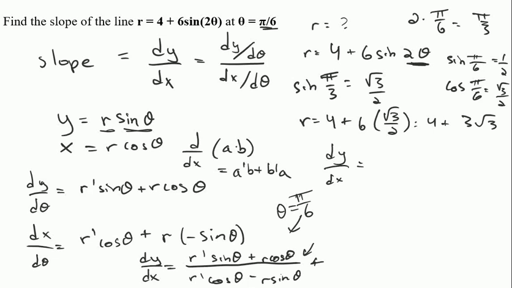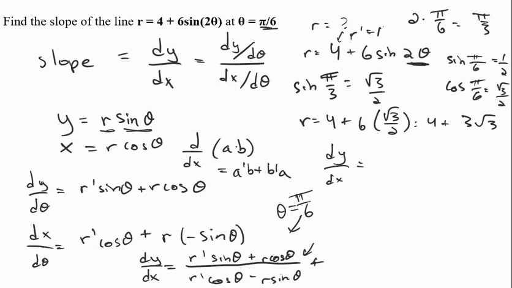Okay, now dy dx equals, and then we plug in this r prime here. Oh, we should also do that. r prime is going to be equal to, well, we kill this 4 down here. We don't need that 4 because it's a constant, it dies. So dr d theta is going to be, for 6 sine 2 theta, we use the chain rule there.